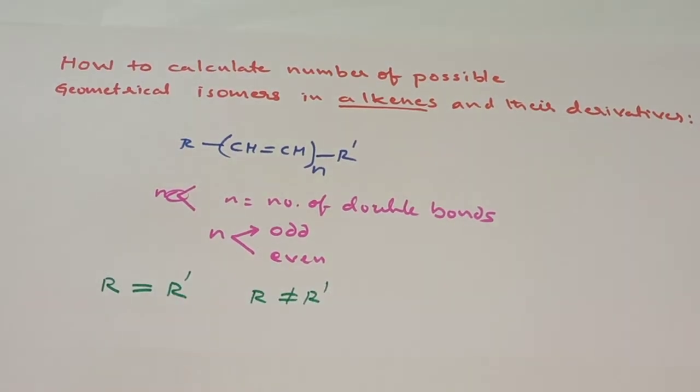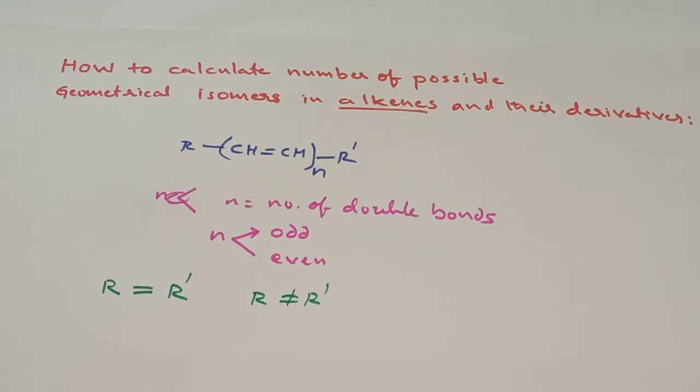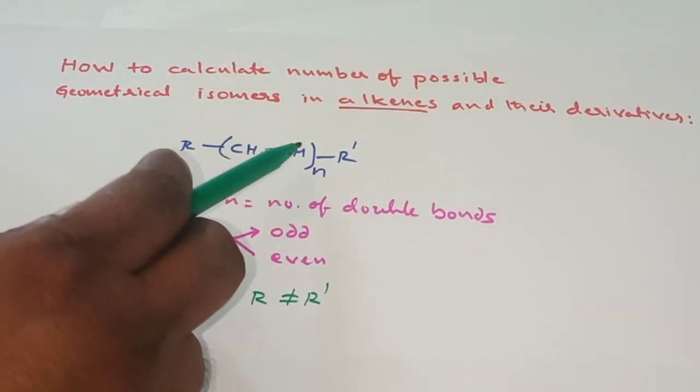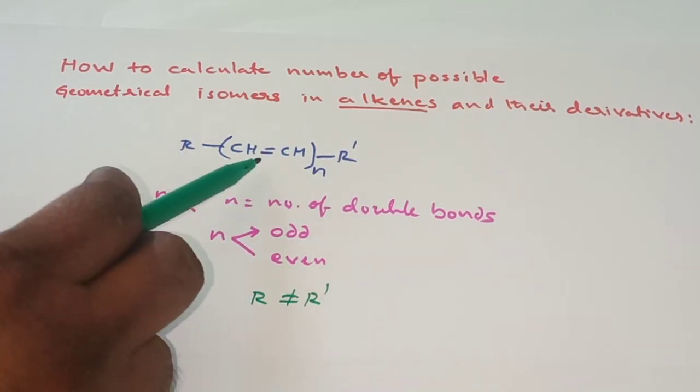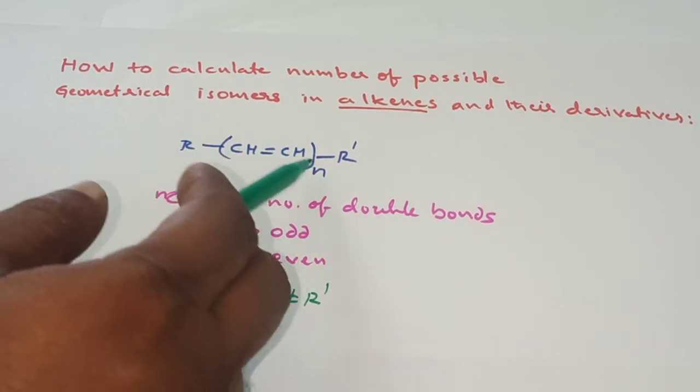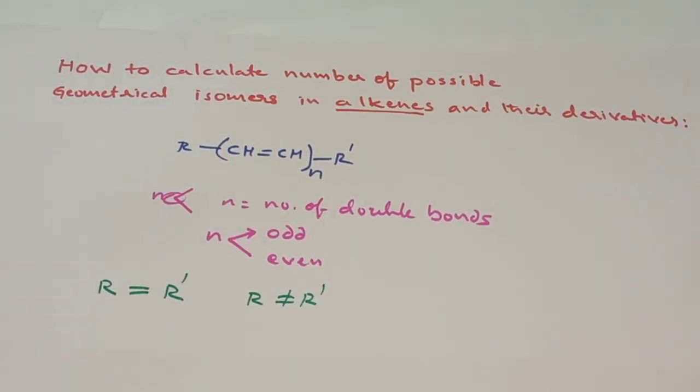These are the two different cases we will have, and based on these two cases, we have different formulas to calculate the number of possible geometrical isomers. So I'm representing the alkene with this generalized structure, where small n is the number of double bonds, and R and R prime are the two ends, which may be the same or may not be the same. Please note it, guys.